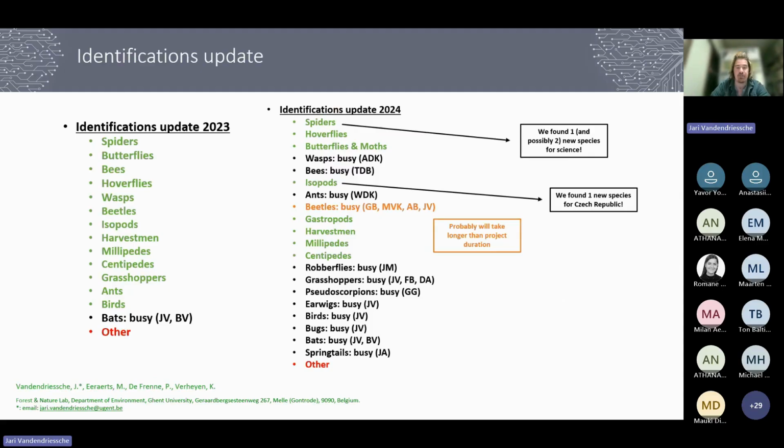This is just a list of all taxonomic groups that we wanted to investigate. As you see, there is still a lot of work being done at the moment, but I will show you in the next slides some early results we can gather from now.